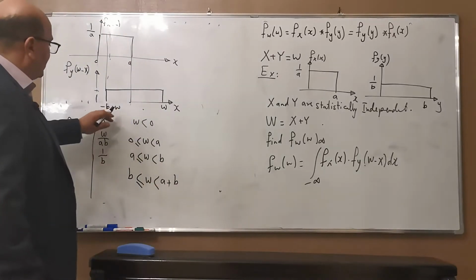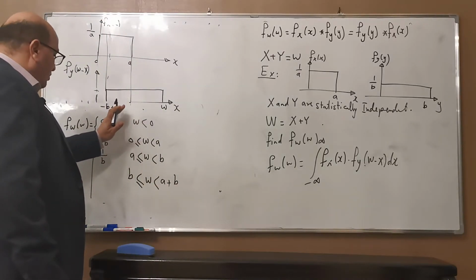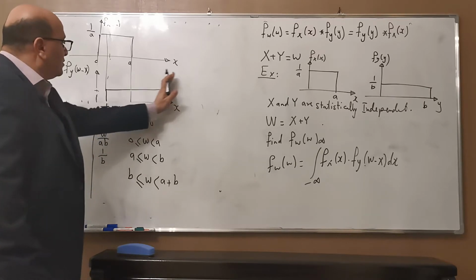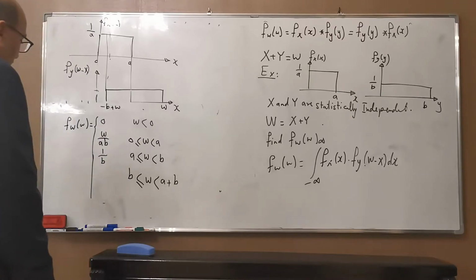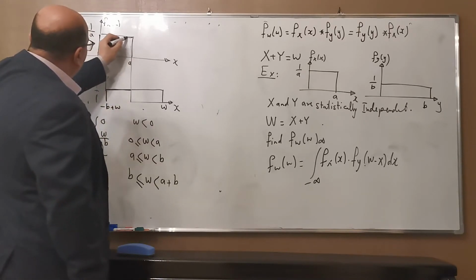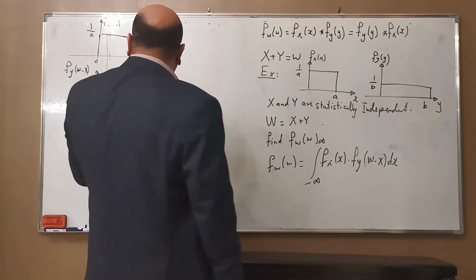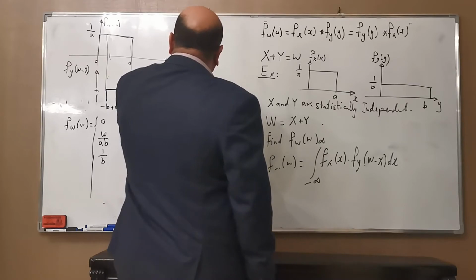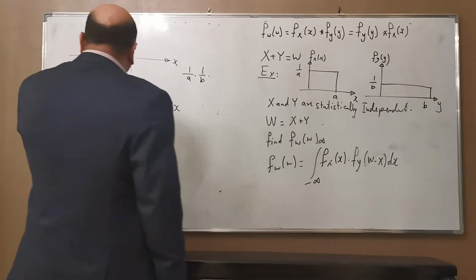Okay, when w equals a plus b, minus b, it's a. So you end up here, and it goes outside. If you are here, then what is the area of the multiplication of those two? The area is 1 over a times 1 over b times the width.